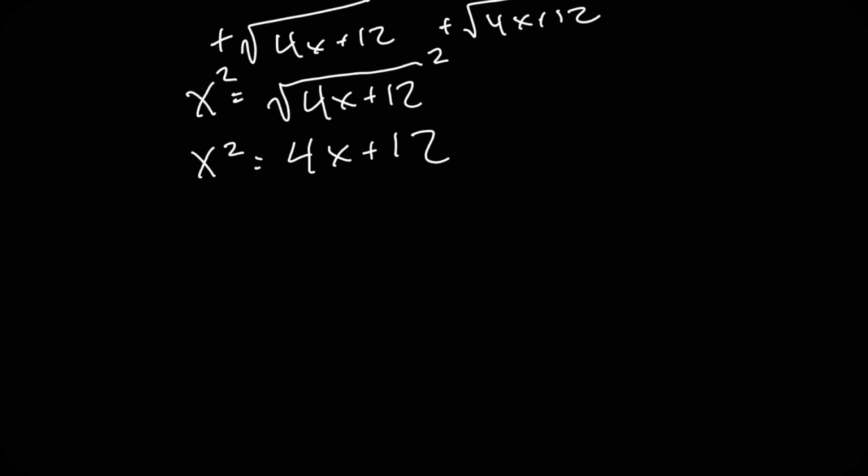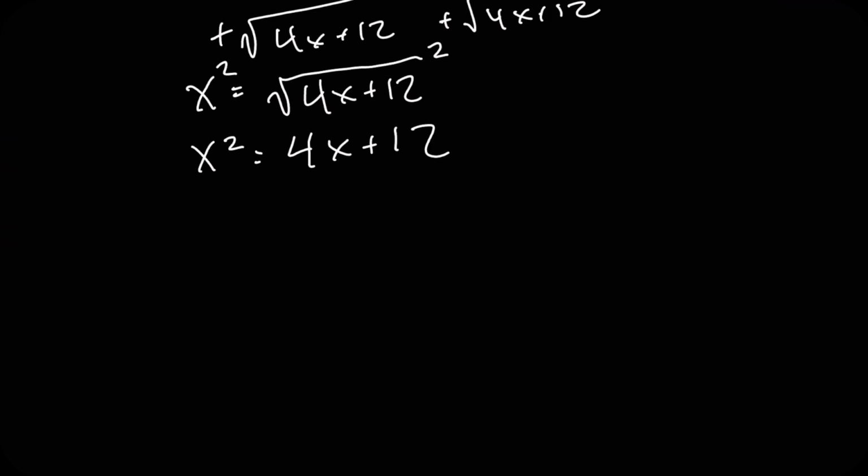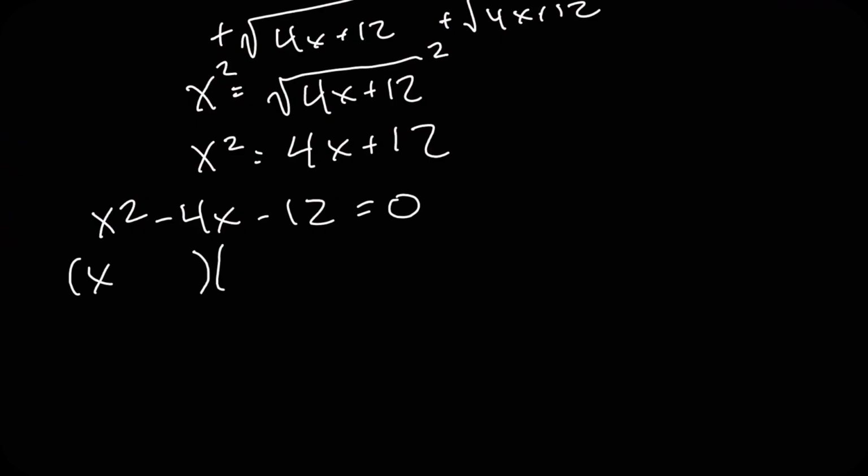And now this looks like it's a form that we can easily solve. So let's go ahead and get the 4x and the 12 over to the left hand side. Okay, and now we want to factor this out. So we want two numbers that multiply to negative 12 and when added get us negative 4.